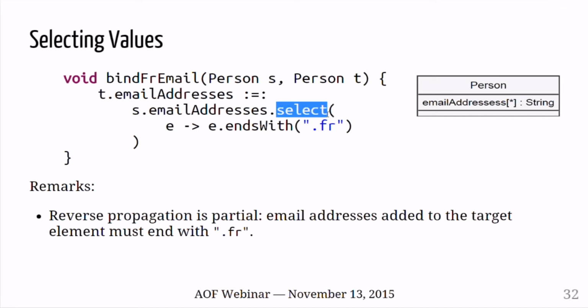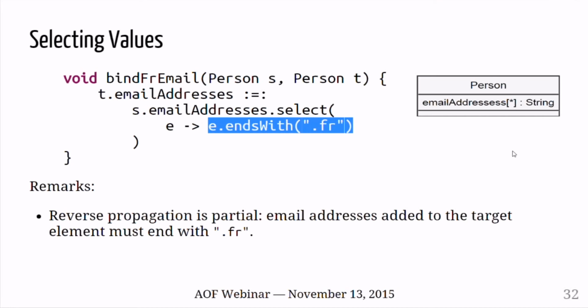And what we do is use the select operation, and we give it a predicate, which, for instance, here selects only email addresses which end in .fr. Of course, this can work in the reverse way, but only partially, because you should only add in the target email addresses that satisfy the predicate. Otherwise, you will get an exception.